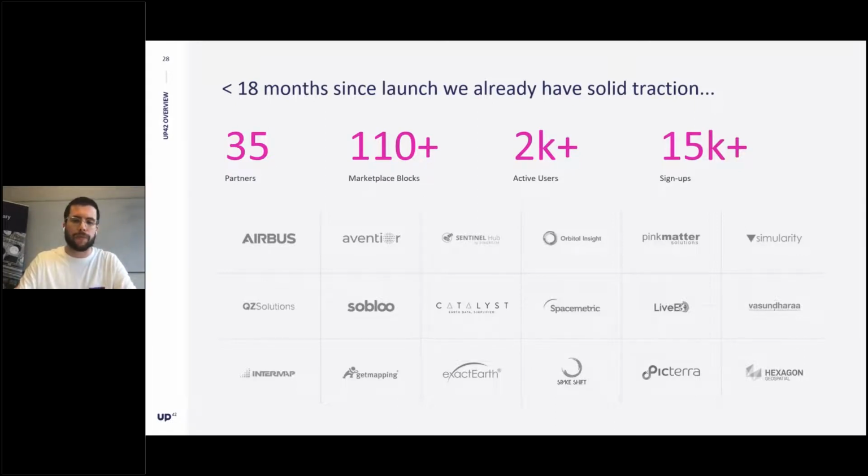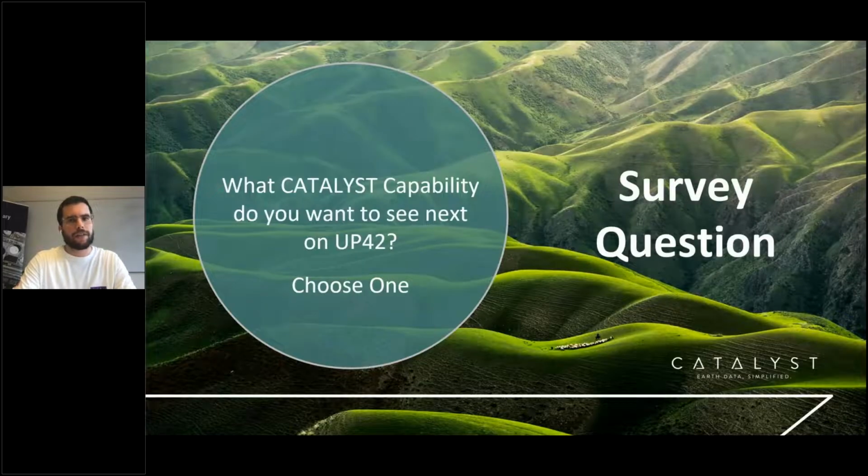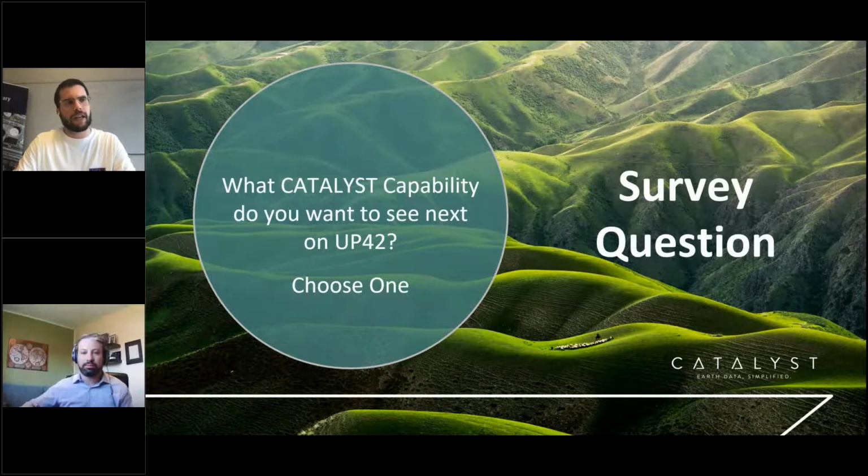And this is all possible not only thanks to the teams here, but also thanks to the partners here. Some of them are listed, and this is a little bit what I wanted to share about App42. And I really encourage everyone to go sign up, get some credits, and explore a little bit what else we do. And now we have one more question, right, Sean?